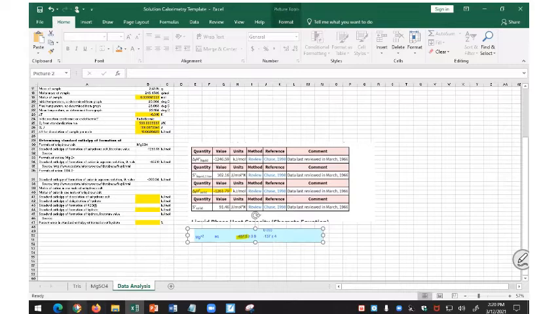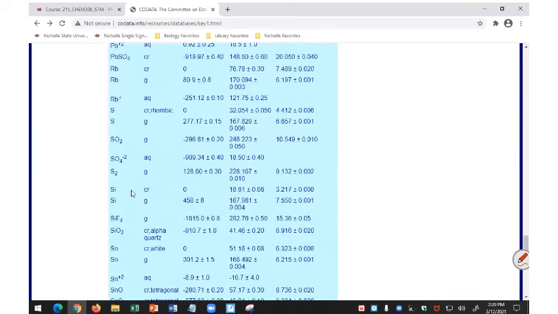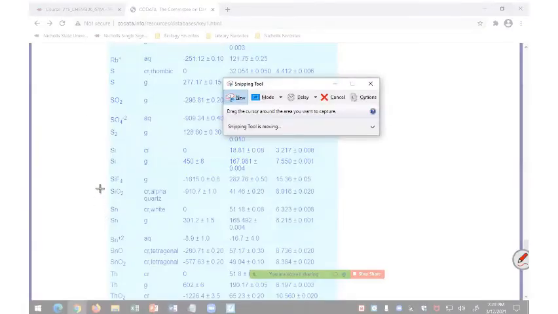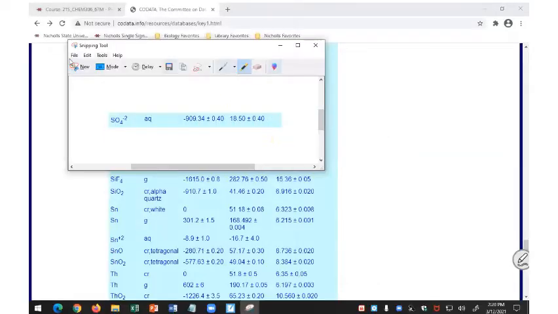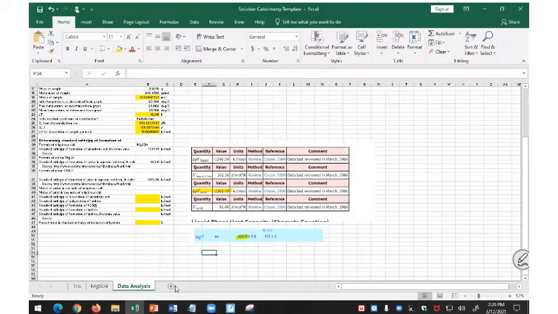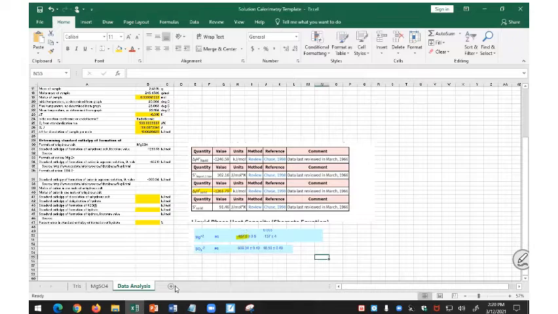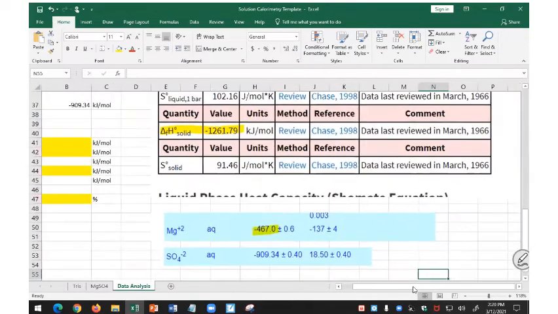And then where's the other one? Sulfate. Let's take a screenshot of the sulfate. Right there. Edit, copy. And let's put the sulfate over here. Oops. Sulfate's right there. Okay. So I've got all my screenshots to support my numbers.